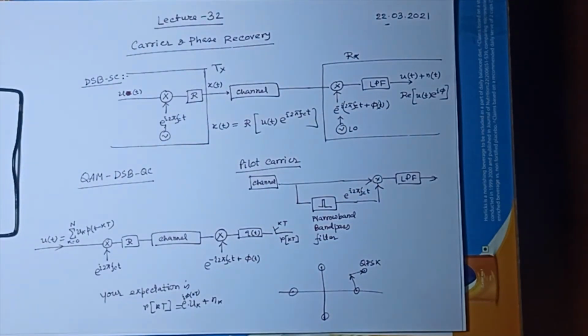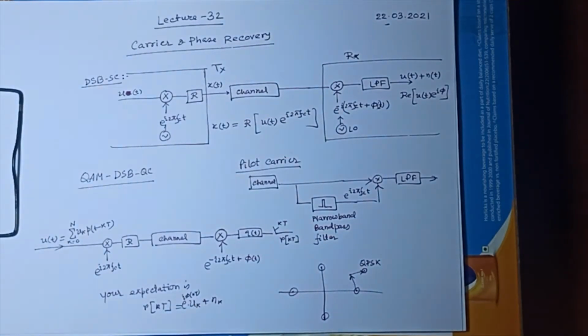So there are different approaches to solve this problem. Before going to the generic MAP or ML method, what I want to show you is that we can get rid of this phase. We can know about this phase, say phi(kT).